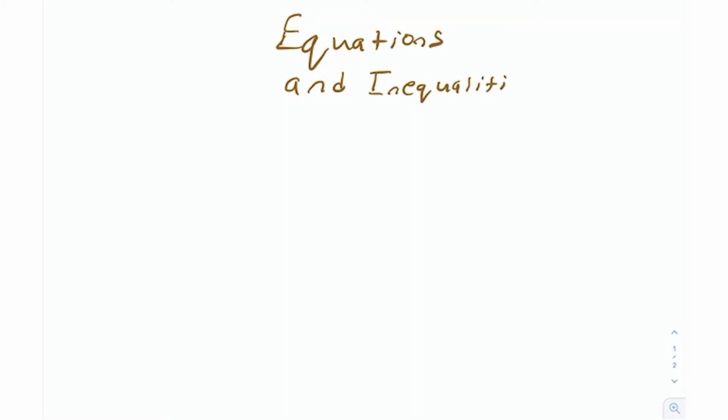Today, let's learn about what equations and inequalities are. So, equations and inequalities are both mathematical sentences that are formed by relating two expressions to each other.